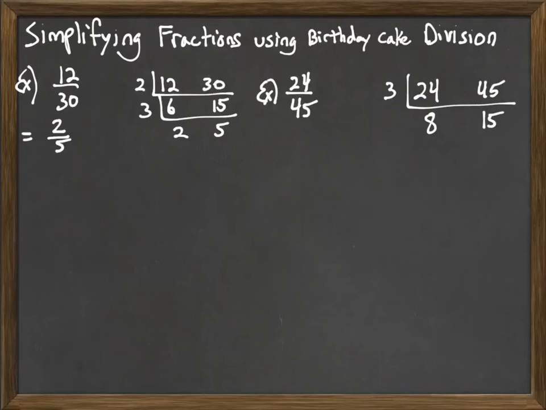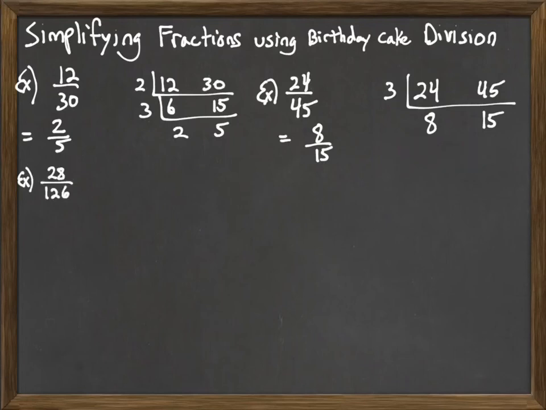And when I do that, 24 divided by 3 is 8. 45 divided by 3 is 15. Now I'm down to an 8 and a 15, which I can't break up any further. So that's going to be my answer, 8 over 15. The nice thing about doing this birthday cake division is you kind of see all of your work. And you can see how everything cancels out in the problem.